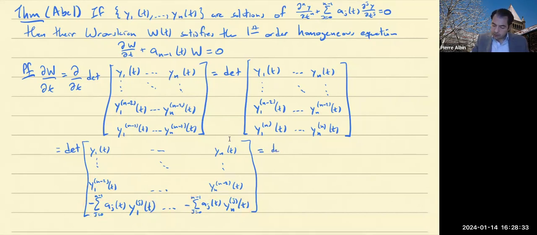So I can replace this with the determinant of the matrix where here I just have minus a_{n-1} of t times y1^(n-1) evaluated at t, dot dot dot, minus a_{n-1} of t times yn^(n-1) of t.